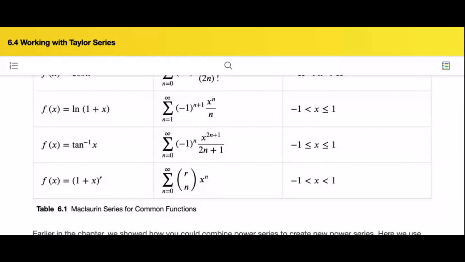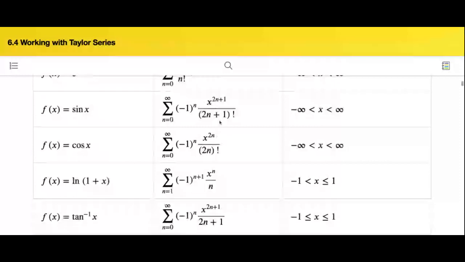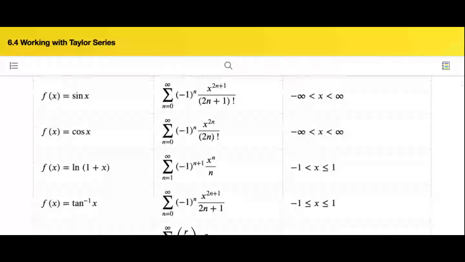Arctangent x can be represented as the sum of -1 raised to n, x raised to 2n plus 1, divided by 2n plus 1. Looks very similar to sine, right? What's the difference? For sine, the denominator is 2n plus 1 factorial. But for arctangent, it's only 2n plus 1, no factorial. And the interval of convergence for sine x is all real numbers, but for arctangent it is from -1 to 1.